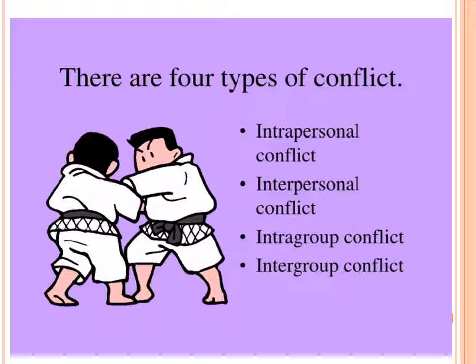Second, interpersonal conflict, that is, conflict between two persons. Next, intra-group conflict, and that means conflict between members within a group. And the last one is intergroup conflict or conflict between two groups.